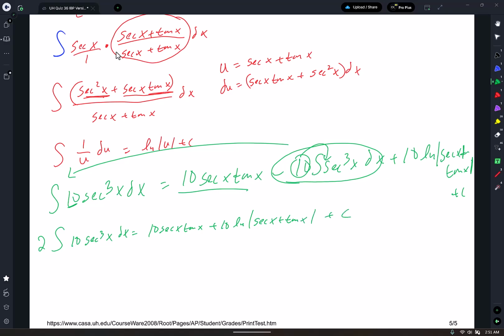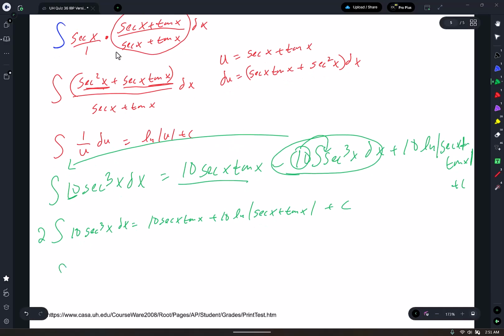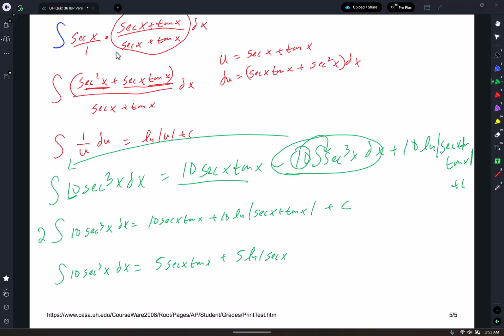And then just like before, multiply everything by half or divide by 2. And there's our hack. And yeah, I know, guys, this one was ugly. Secant cubed x dx equals 5 secant x tan x plus 5 ln of secant x plus tan x, plus c.